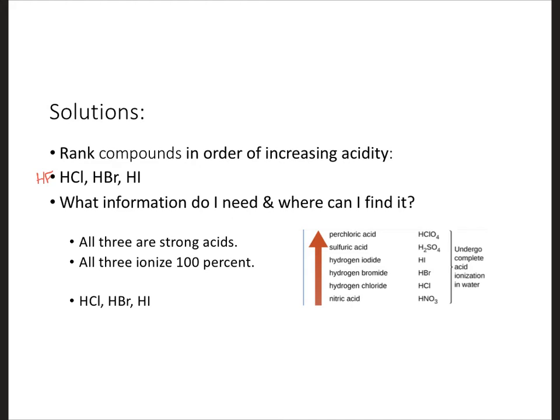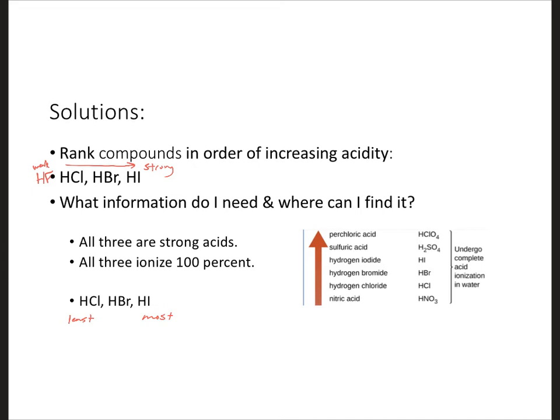So if HF is weak and the rest are strong, well then that means we must be getting stronger as we move down that column. All of them are strong acids, all ionize 100%, but if we had to rank them in strength, HCl is going to be the least, just in this category, and then HI is going to be the most.